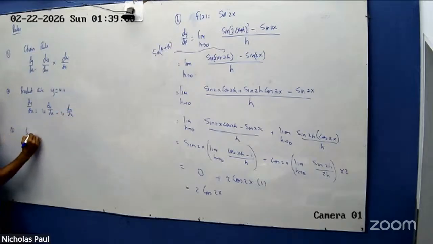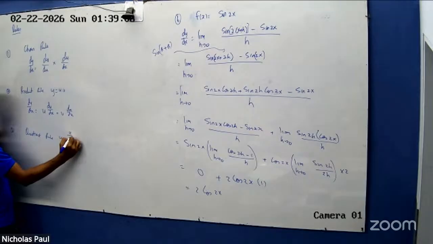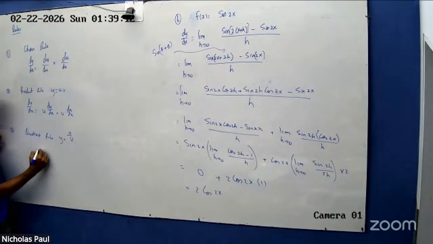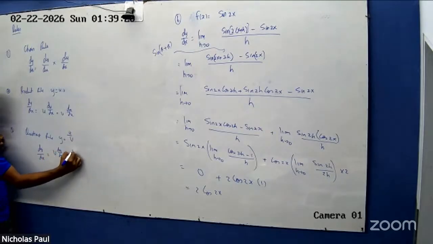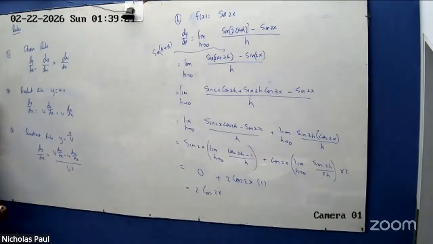Then we have our quotient rule. If you have it in the form u over v, you're going to get dy dx is equal to v du dx minus u dv dx, all over v squared.